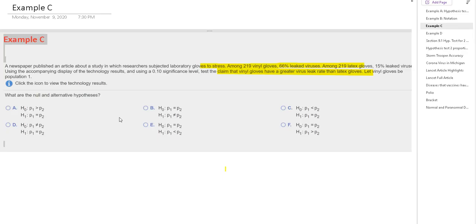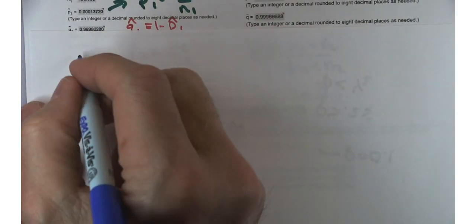Amongst 219 latex gloves, 15% leaked viruses. Using a 10% significance level, test the claim that vinyl gloves have a greater virus leak rate than latex gloves. So let's see if we can start by using some notation for ourselves in this case. So let's look back here. Example C.